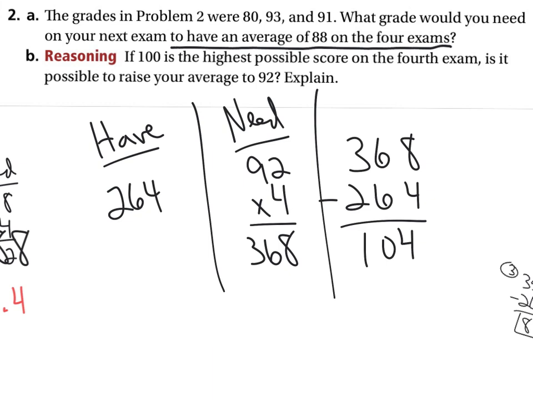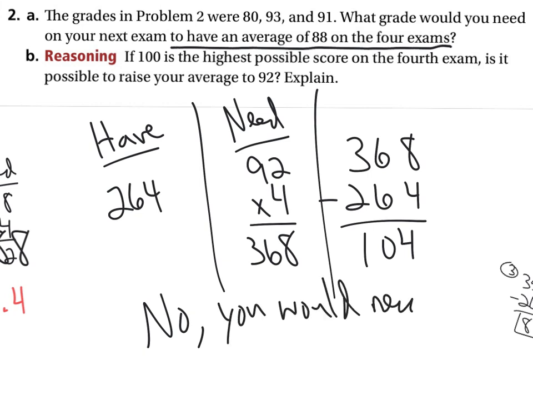So that would be 104. It says if 100 is the highest possible score, is it possible to raise it to a 92? And the answer would be no. We'd have to get actually 104%, which is not possible in this scenario.